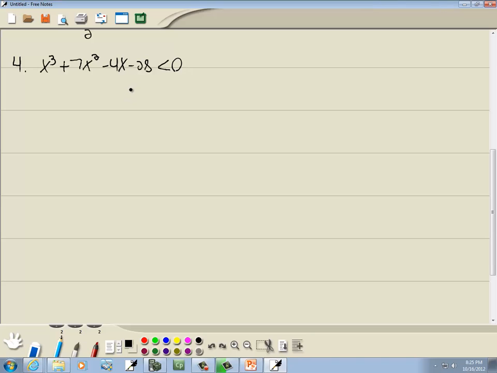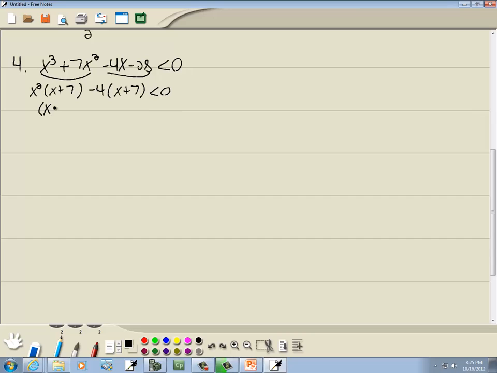Okay, so we want to get 0 on one side and everything else on the other side, which is done. The next step is to factor the left side. Well, this is grouping, 4 terms. So I group the first 2 terms together, and they have an x squared in common, and that gives us x plus 7. I'll group the second 2 terms together. They have a negative 4, and that leaves us x plus 7.